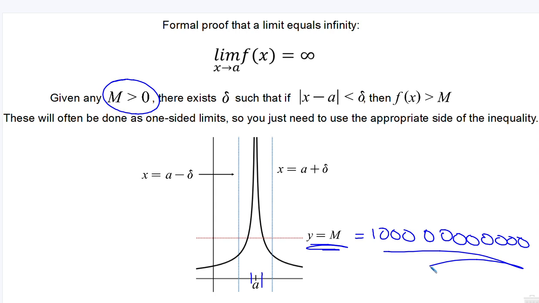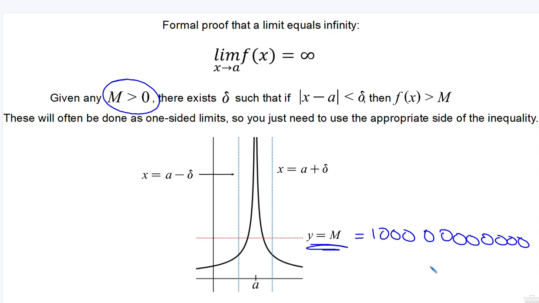So I need to show that no matter how large of a value I choose, I can always find a range of delta values surrounding a such that the value of my function somewhere in that interval is more than the M that I chose, no matter how big of an M I choose, right?